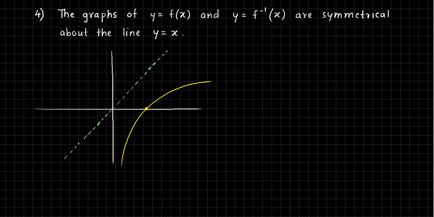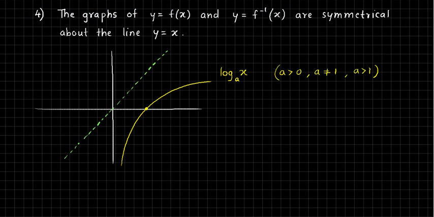Alright, so here we have say log x to the base a. Say a is positive, a is not equal to 1, but a is greater than 1. So the graph will look like this. Now we know that the inverse of log, or the opposite process of logarithm, is nothing but exponentiation.